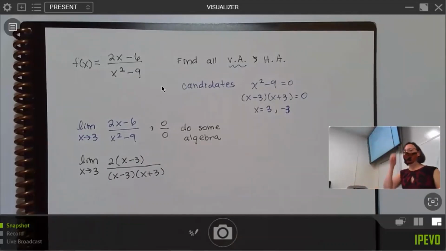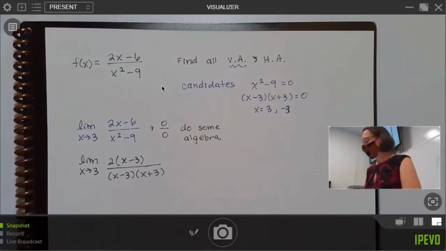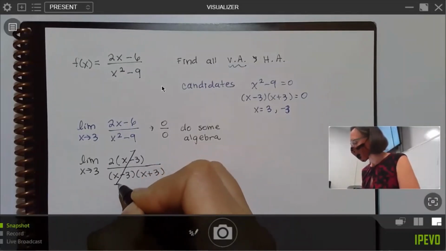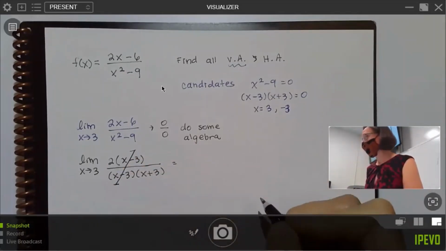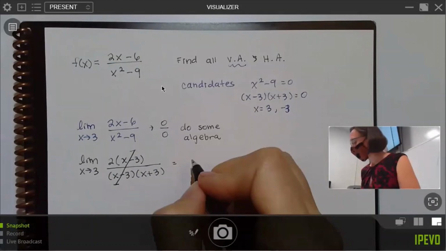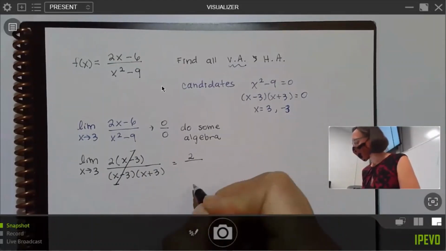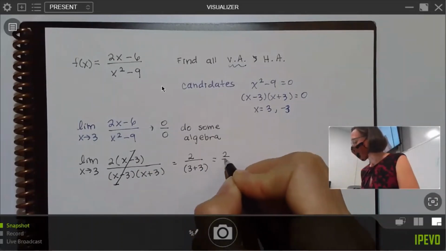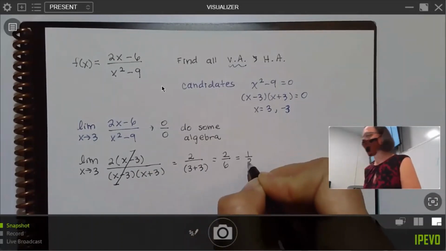Anytime you have 0 over 0, some factor is going to cancel out, and we just figured out which one it is. So that x minus 3 cancels out, and then I'm ready to plug in the 3 for x. In the numerator, I've got a 2, and in the denominator, I'd have 3 plus 3, or 2 over 6, or if you like, 1/3.